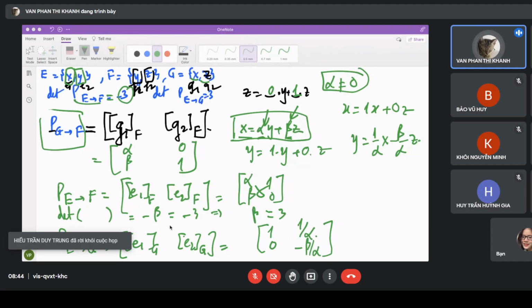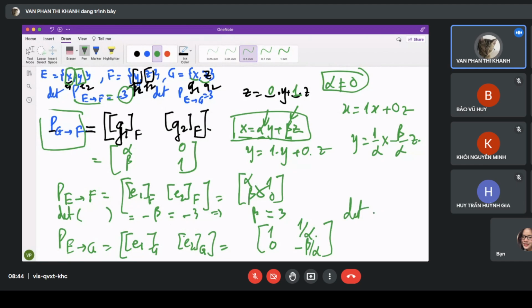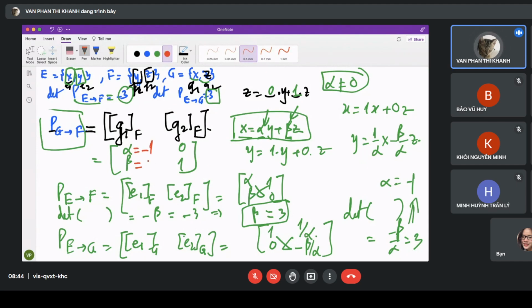Yes. Okay, after that you find the determinant of this matrix, and it will be minus beta over alpha, and it's given that it equals 3, right? You found beta already. Beta is 3, it means that alpha will be -1. So my matrix here has alpha -1 and beta 3.